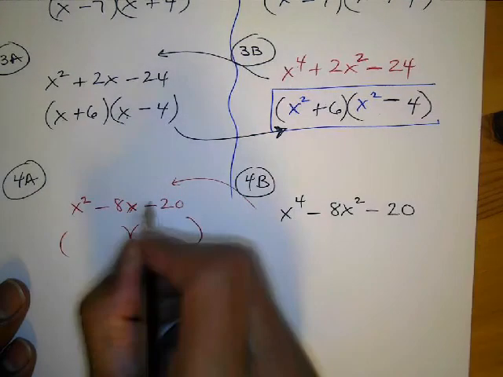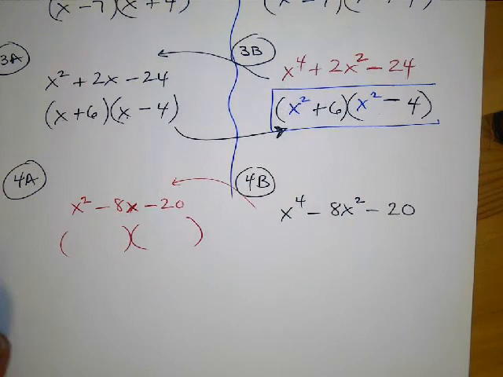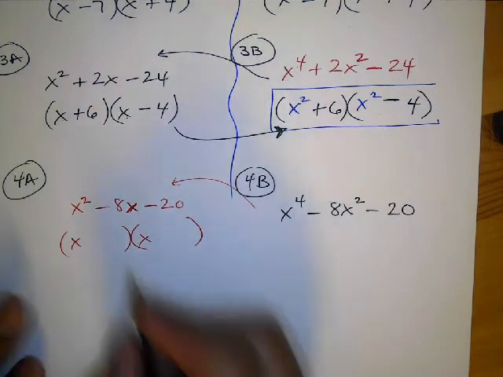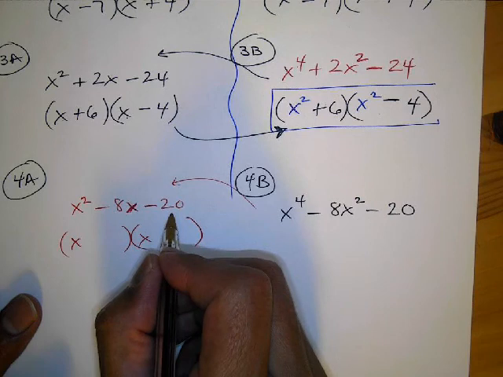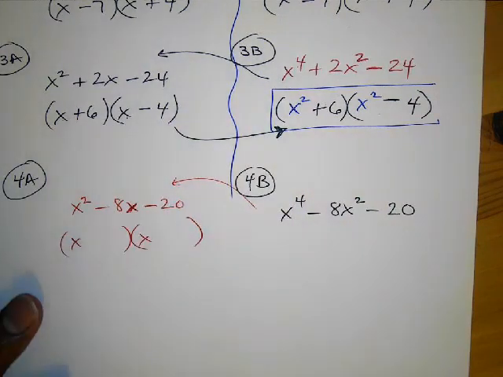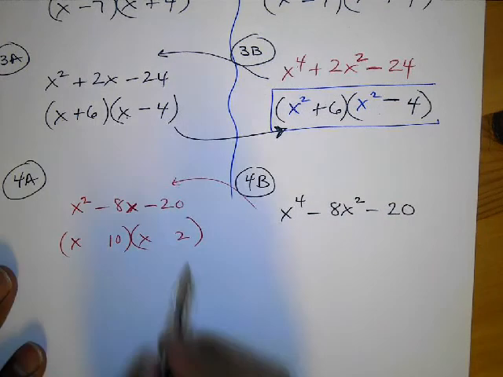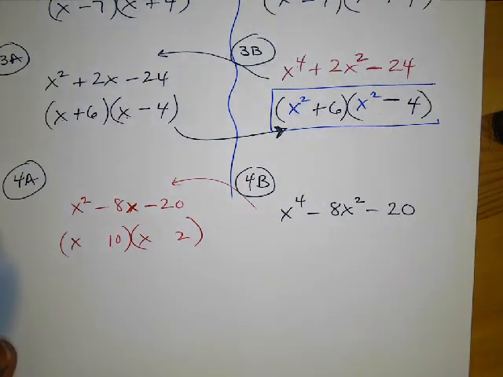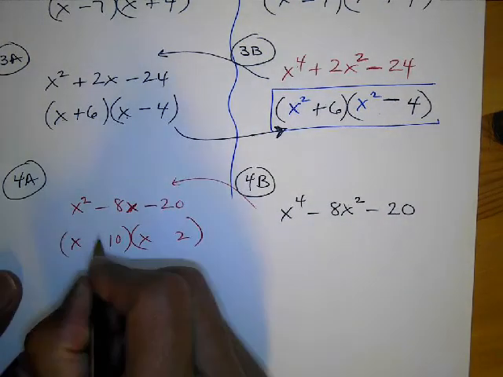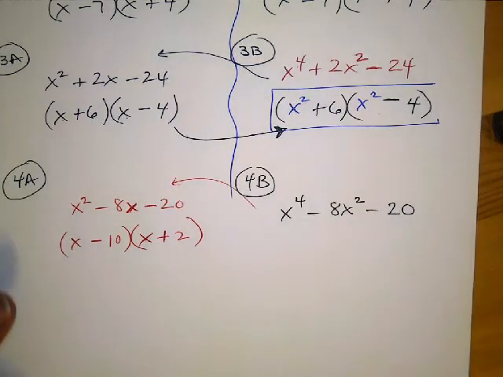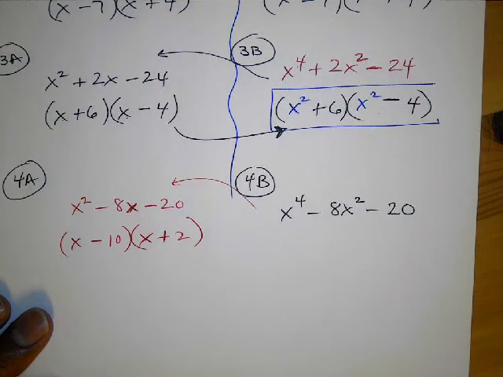I'm going to factor it and think. See, because I'm thinking in quadratic. I'm thinking this. This is what I'm sharp at. This is what I'm good at. So that would be x, x. And that would be a 10 and a 2, right? 10 and 2. Is that good? 10 and 2, right? 10 and 2 can multiply to 20, and 10 and 2 can subtract to an 8. And that would be a negative on the 10 and a positive on the 2.